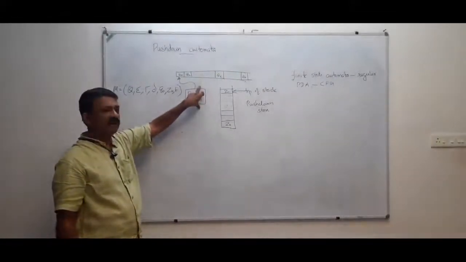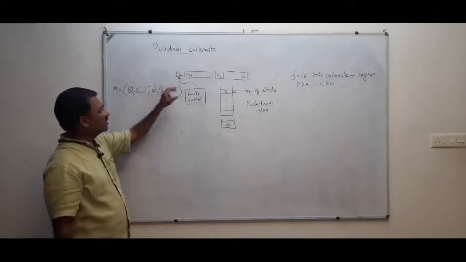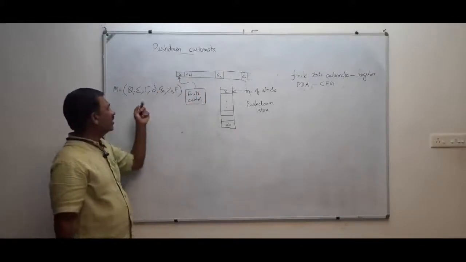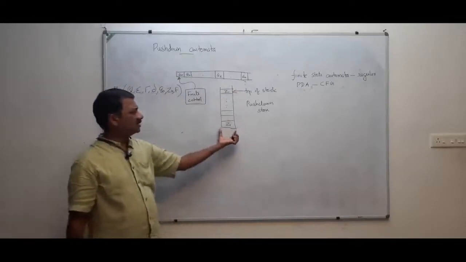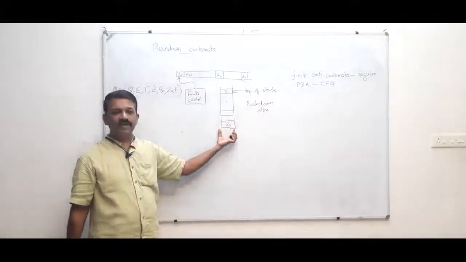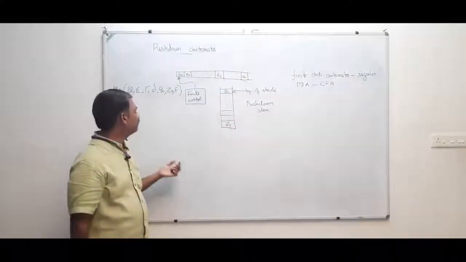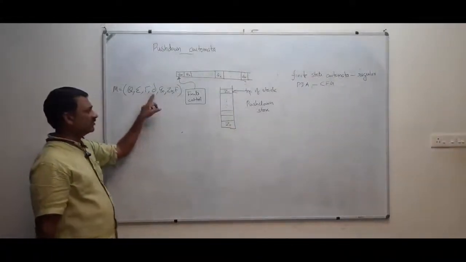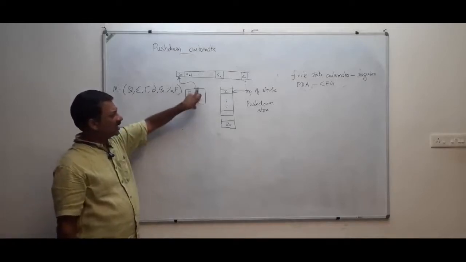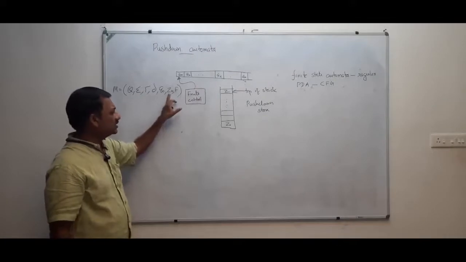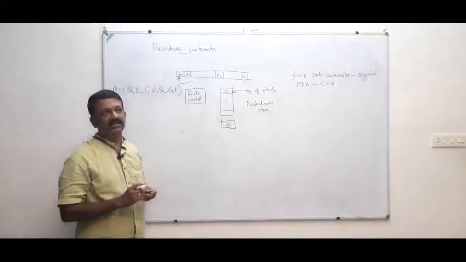Sigma is the input alphabet, that means the set of allowable input symbols. Gamma is the stack alphabet, that means the stack has an alphabet, and only symbols from that alphabet can be pushed as well as popped. Delta is the transition function that we will discuss, Q0 is the start state for the finite control, Z0 is the bottom of the stack, and F is the set of final states.